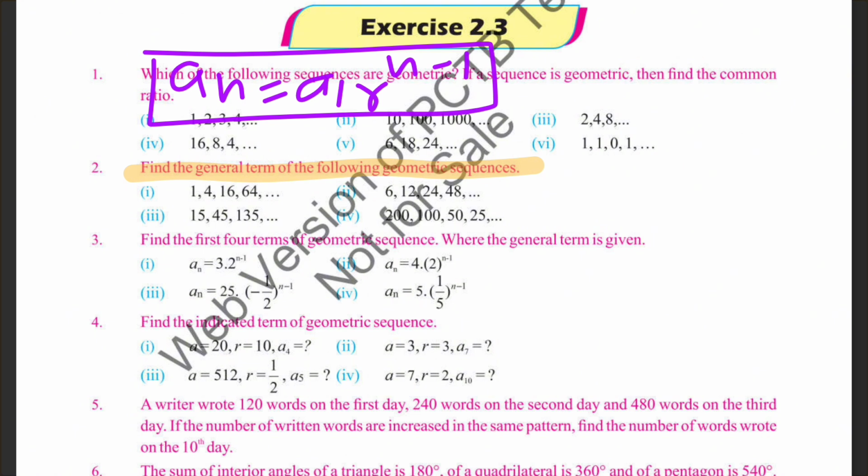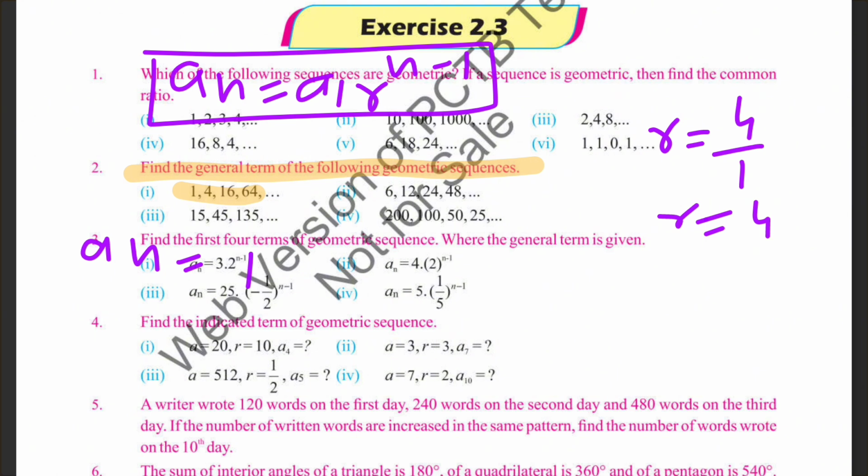Now a1 is equal to 1, and r is equal to the second term 4 divided by the first term 1, so r is equal to 4.